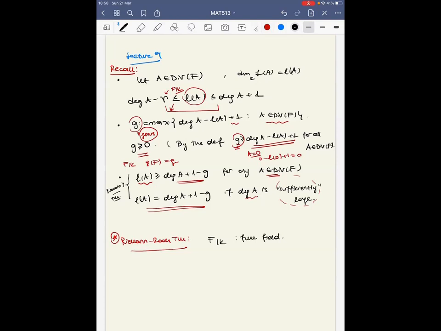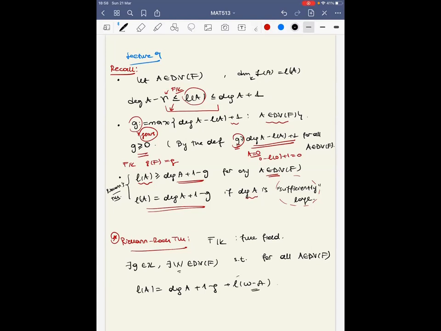This theorem tells us that there exists an integer G and a divisor W such that for all divisors A, its dimension is equal to its degree plus 1 minus G plus L of W minus A.